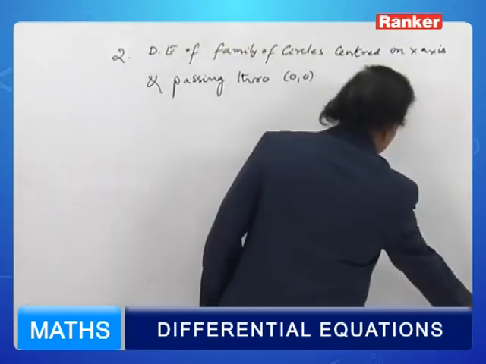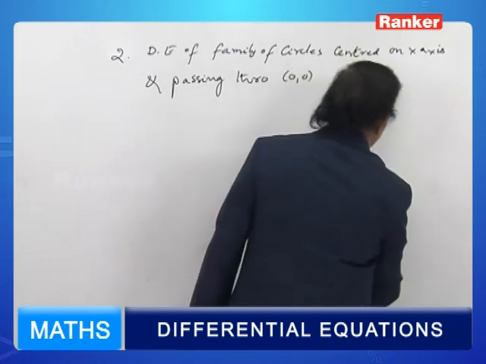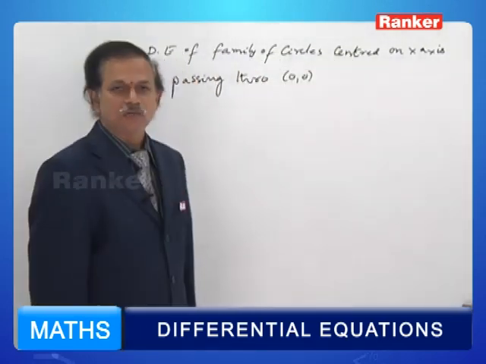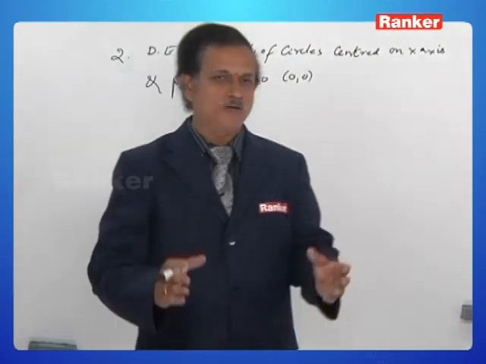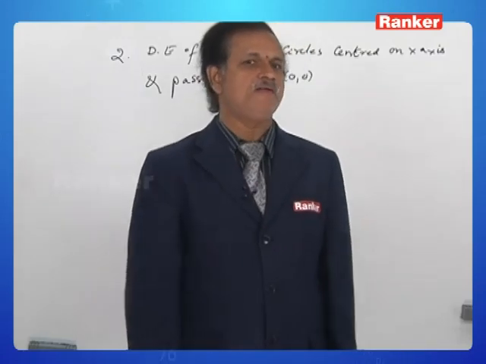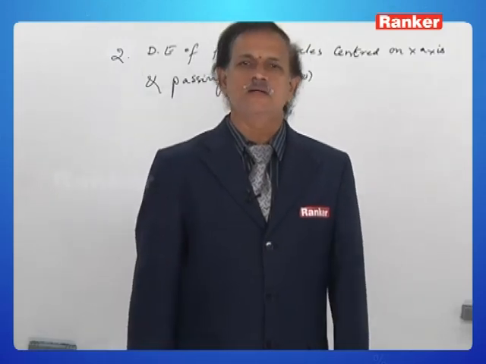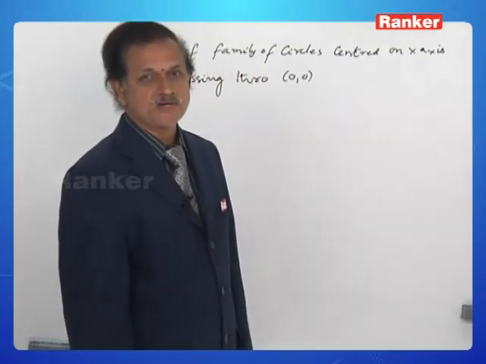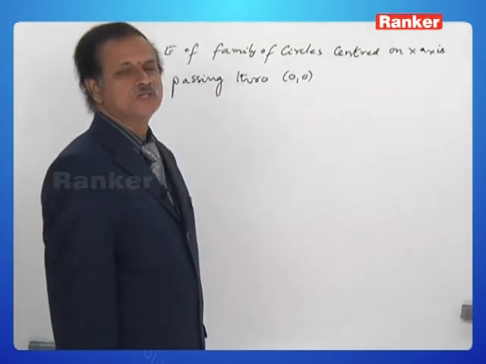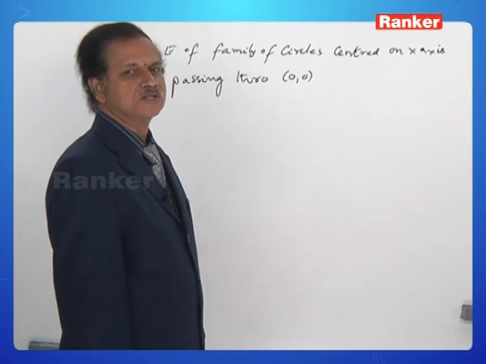How can you get it? First of all, in order to have the differential equation, you are supposed to frame the original family, the equation of the family first of all. Unless you know that equation, how can you get the differential equation? So, our first duty is to trace the equation of the family.